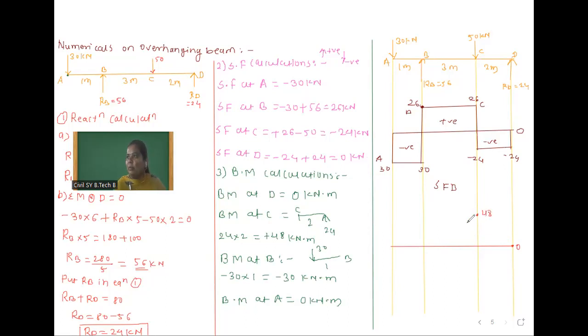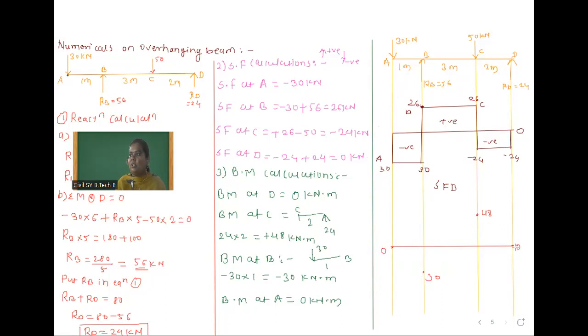After that, bending moment at B is minus 30. That means below baseline. So here 30. And bending moment at A is 0. Okay. So you observe here in between A to D span, there is no uniformly distributed load. So the connection is an inclined straight line or linear line.